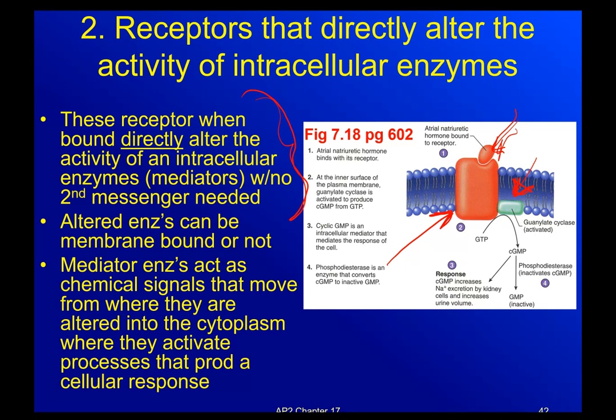The mediator enzymes act as chemical signals that move from where they're altered to the cytoplasm, where they can activate processes that produce a cellular response. So the fact that this guy is working means that it's producing this, which is basically the catalyst to do a couple other things.